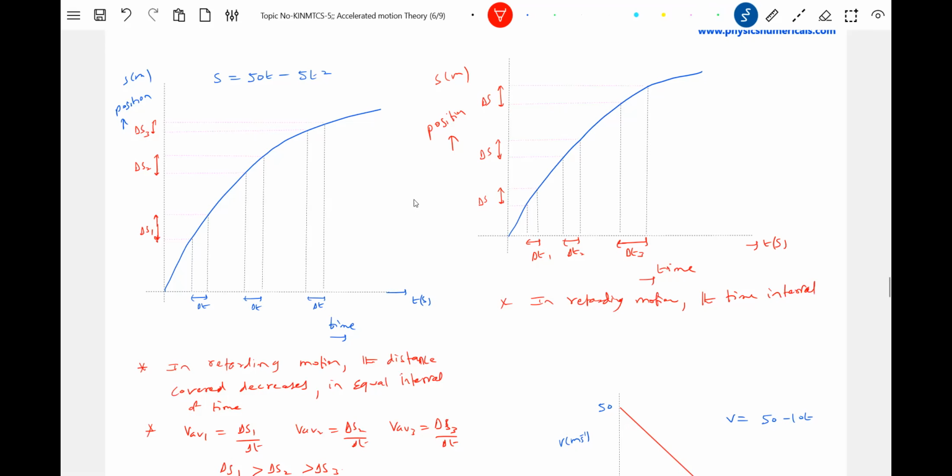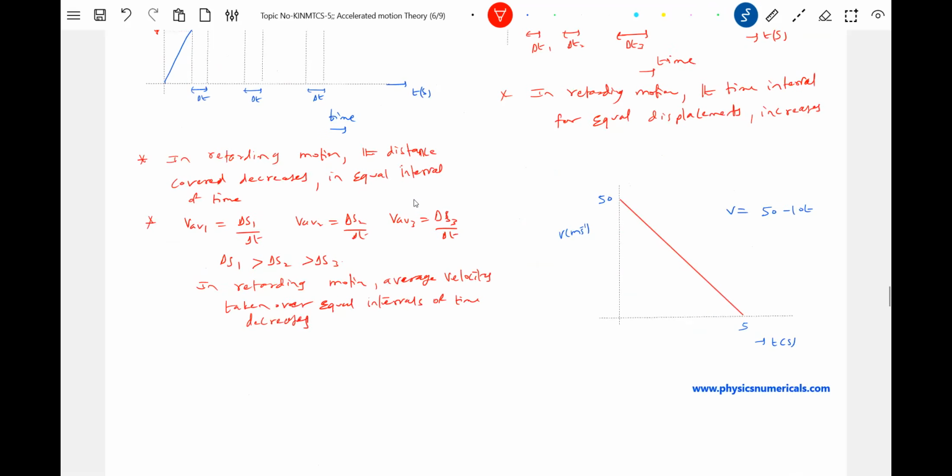The time interval for equal displacements increases. Then in retarding motion, what happens for equal change in velocity? That's for the uniform retardation. In retarding motion, again, the same idea.